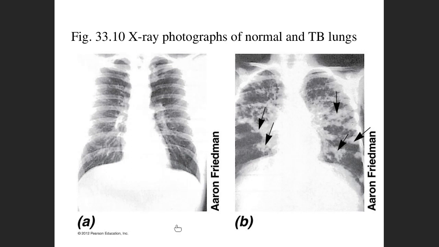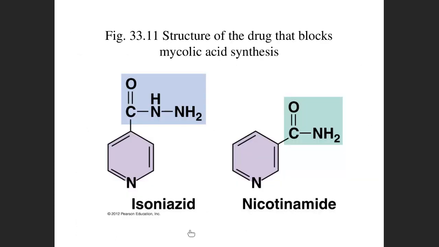And so mostly this has been controlled, but in some special areas it's still problematic. So here are structures of drugs that can block mycolic acid synthesis. If you block mycolic acid synthesis, then the bacteria is much more sensitive to the antibiotic treatment.